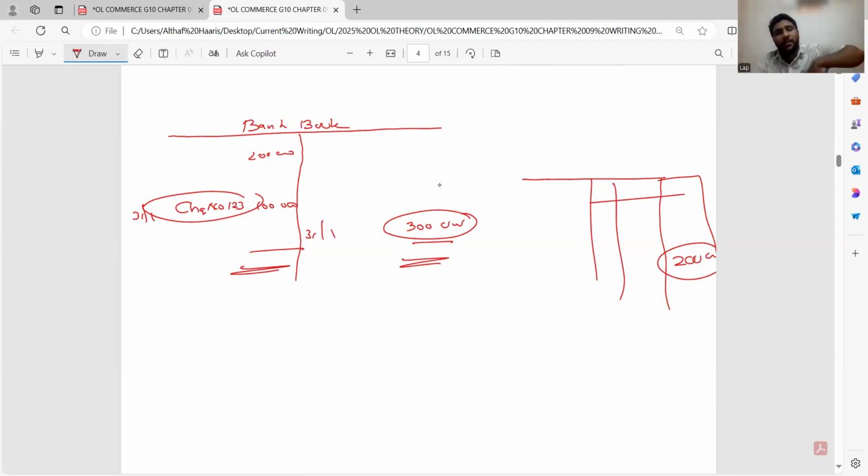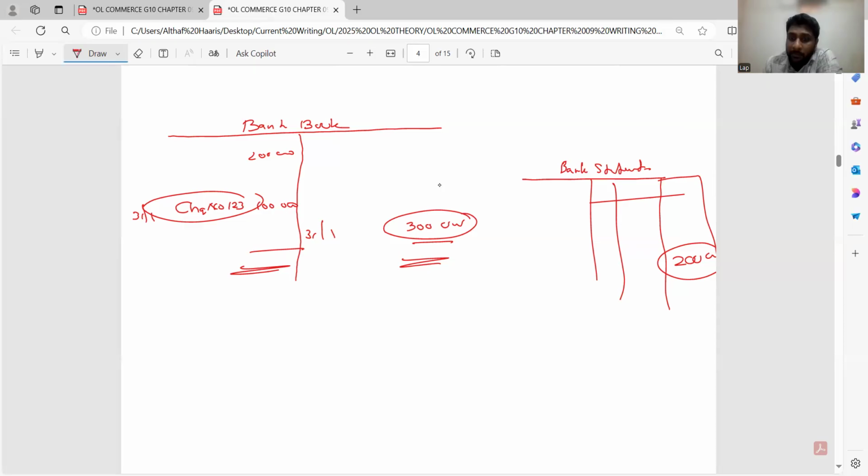I deposited the check, but that is not there in the statement sent by the bank. Now I am checking why it is not there.